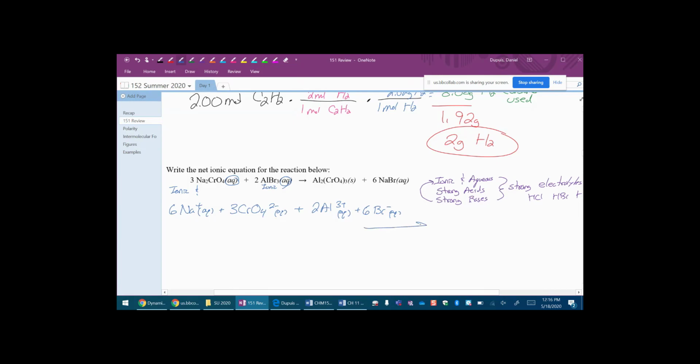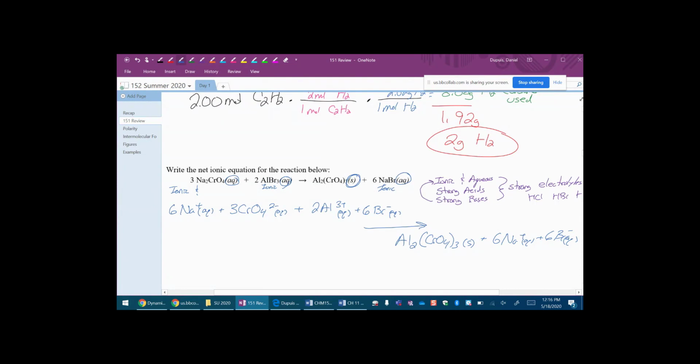Have an arrow here. Does aluminum chromate break apart? No, it's a solid. Al2(CrO4)3 solid, plus, does sodium bromide break apart? Well, yes, it's ionic and aqueous. 6 Na plus, 6 Br minus.